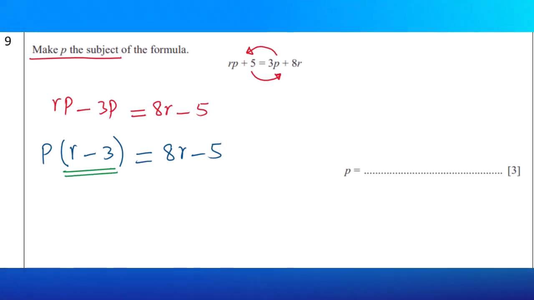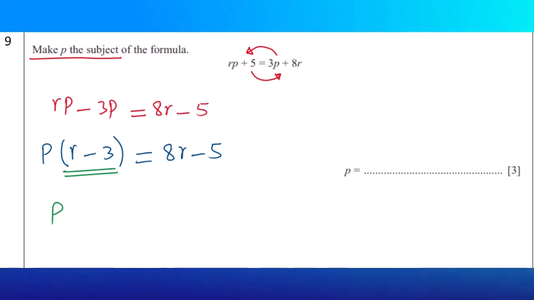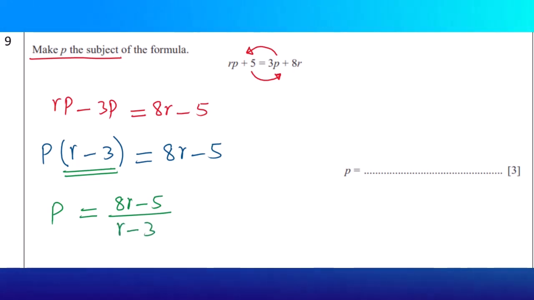So we will shift this to the other side. We have r minus 3 multiplying with p. So when we shift to the other side, we will divide. So we will write 8r minus 5 over r minus 3. We separated p, so this is the final answer: 8r minus 5 over r minus 3.